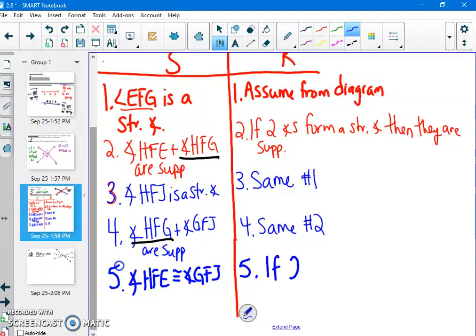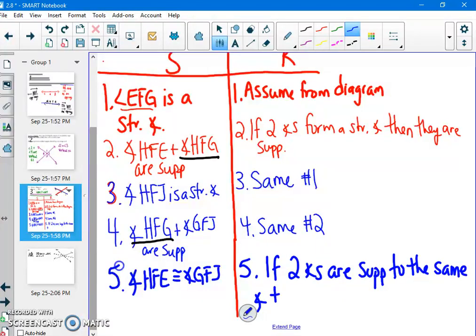So if two angles are supplementary to the same angle, then they are congruent.